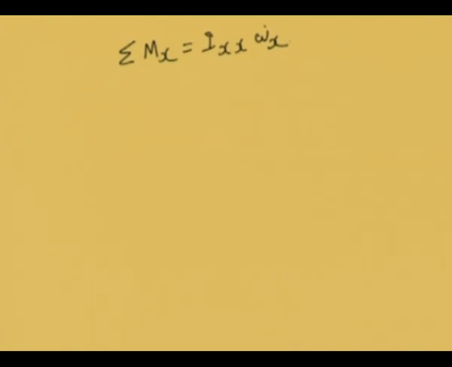Now if the body has a component of angular velocity along the x and y axes both, then what happens?